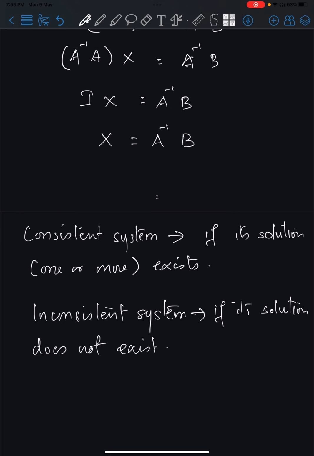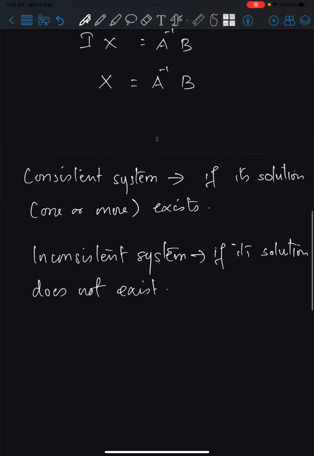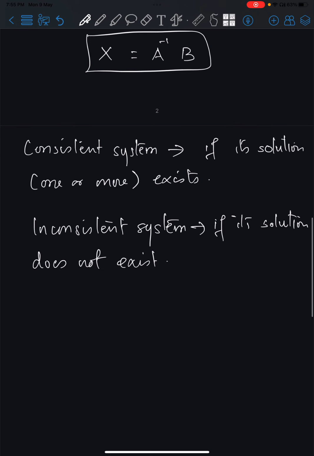Now, how to check whether the given system of equations is consistent or not? We have seen here the solution is found by the matrix method like this: X is equal to A inverse into B. When I say A inverse into B, definitely the determinant of A should not be 0, then only A inverse exists.